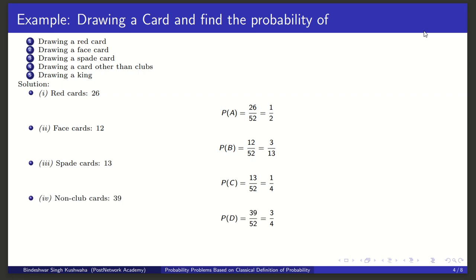Non-club cards, so there are 39 non-club cards, because from 52 if you subtract 13, you will get 39. So 39 upon 52, so that would be 3 upon 4. And kings, so there are 4 kings, so 4 upon 52, and that would be 1 upon 13. So probability of getting a king would be 1 upon 13.